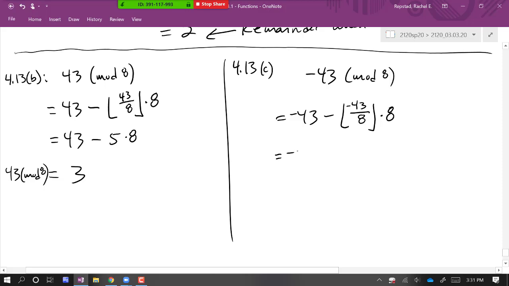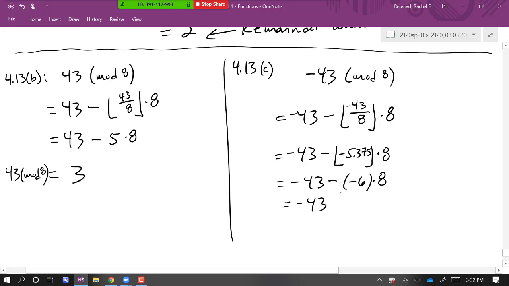Now if I do the division here, that'll give me negative 5.375. If I apply the floor to negative 5.375, what do I get? Negative 6. So I've got negative 43, that'll end up being plus 48, which is positive 5.